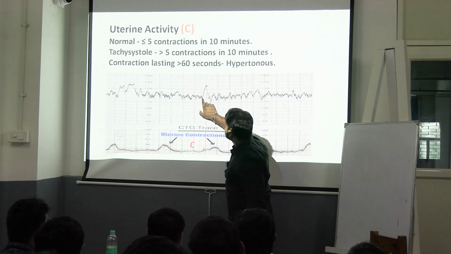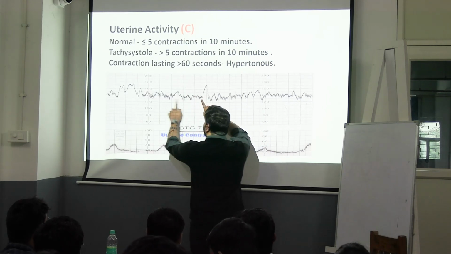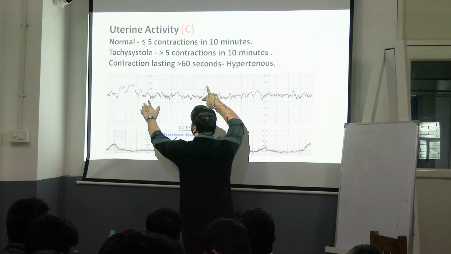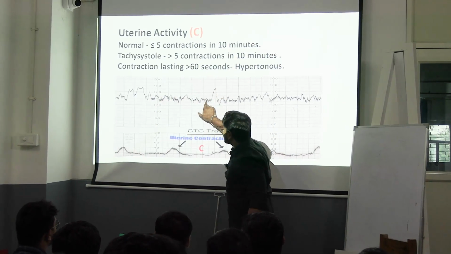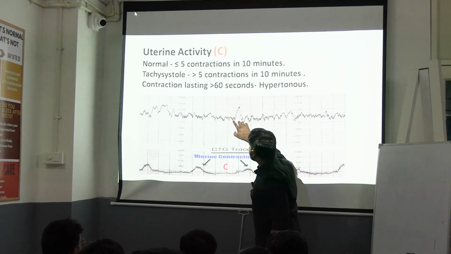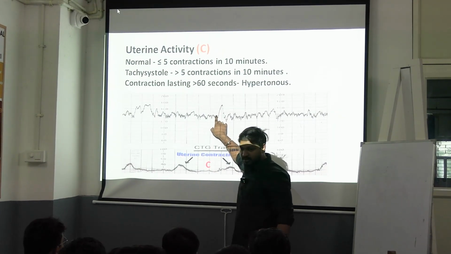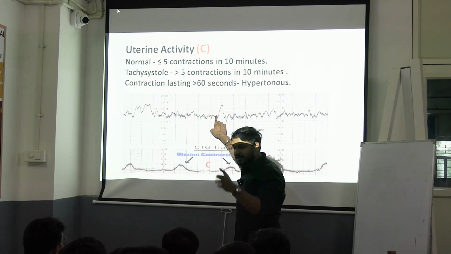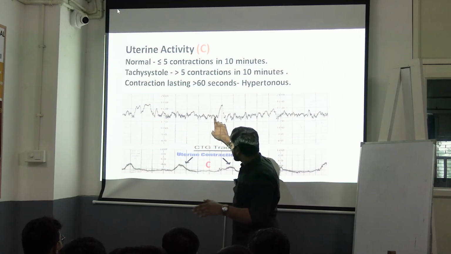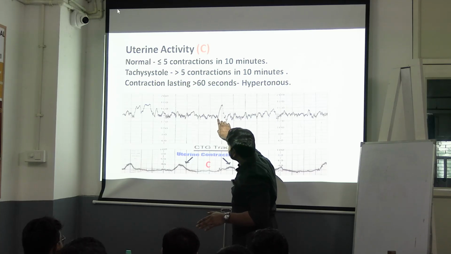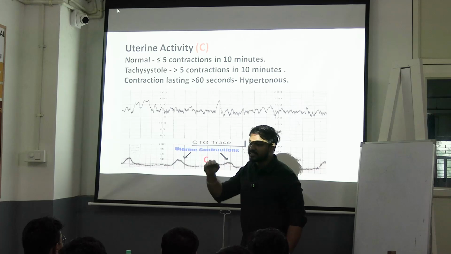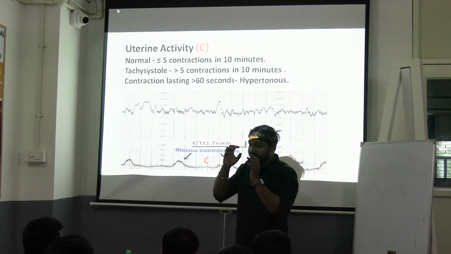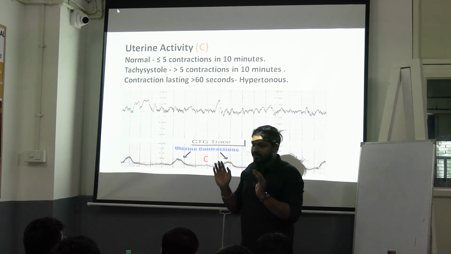Here the heart rate is 130, here 170, here 140. So from 130 it has increased to 140, so there is 10. So variability is approximately between 5 to 25 beats. Again it has decreased here, then again it has increased. Variability means it is constantly changing. It should be between 5 to 25.